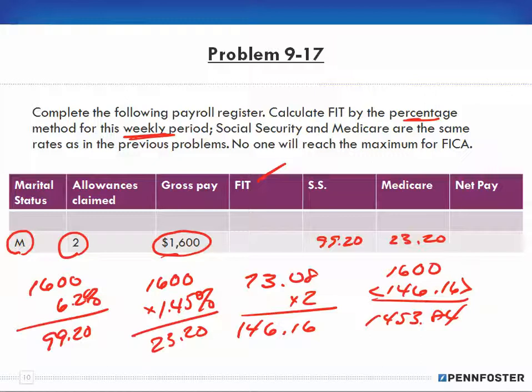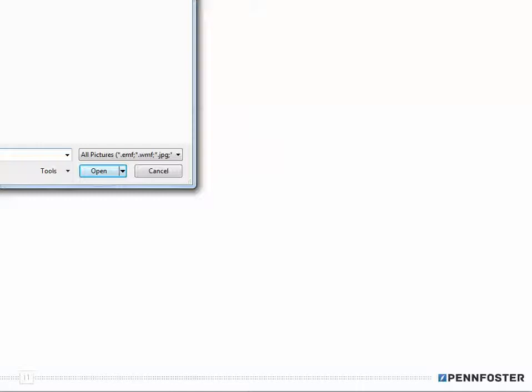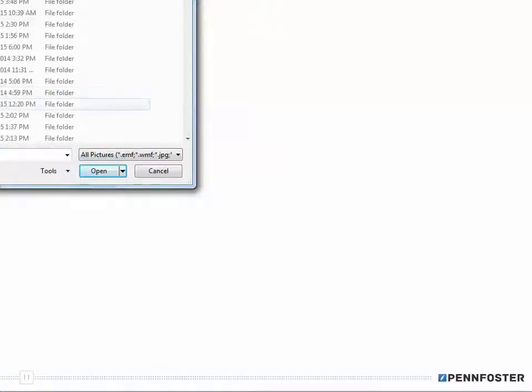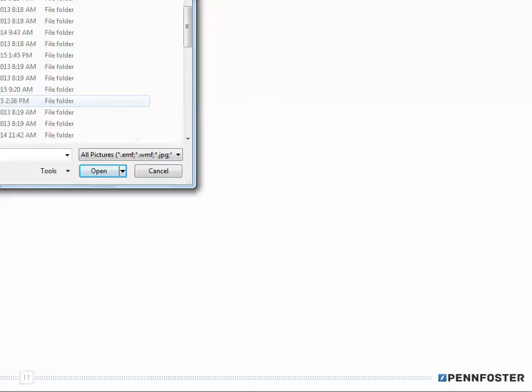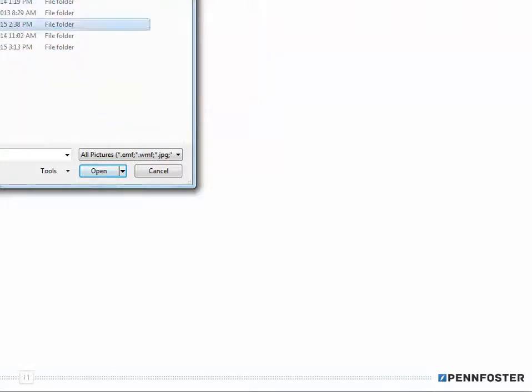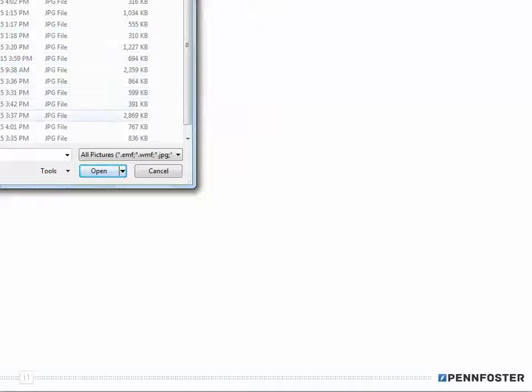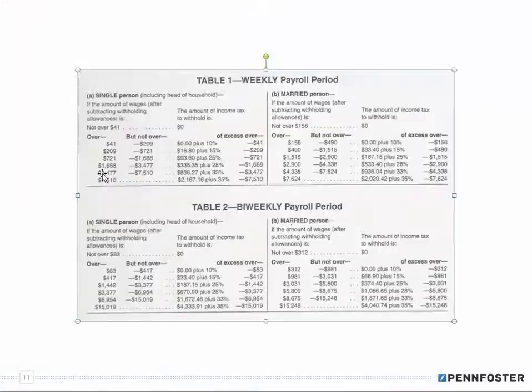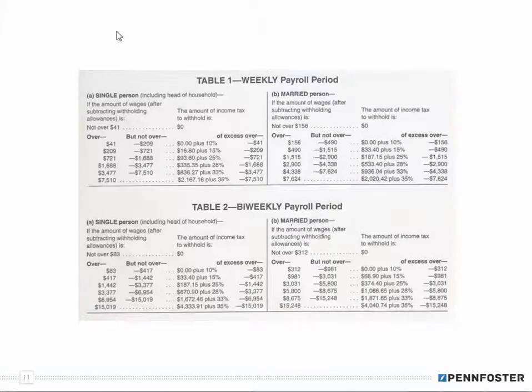Let's see, home, insert, new slide, blank slide, and now I'm going to insert a picture, and let me see if I can find that real quick. Give me a second here. Study planner, community, and circular E, payroll register, percentage method 2. Insert, there we go.